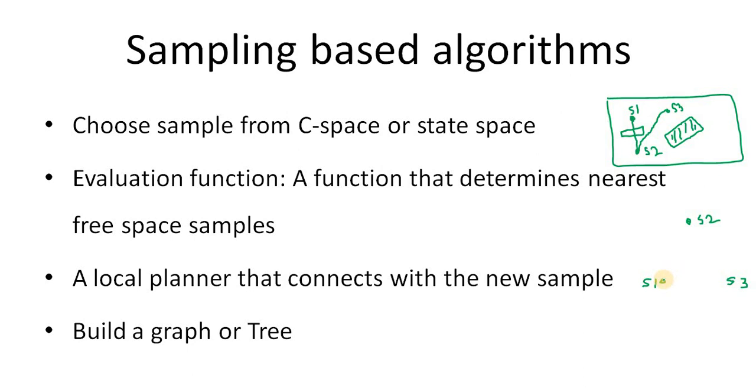So if you look here, S2 is connected with S1 and S3. It means that S1 has only one parent, which is S2, and S3 has only one parent, which is S2. So this can be considered as a tree.